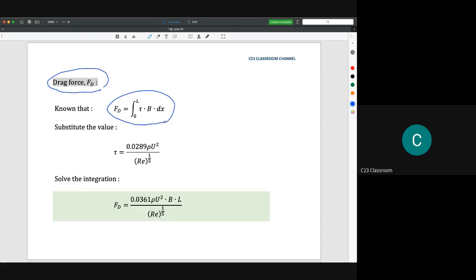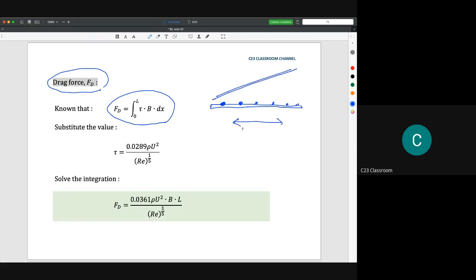So why do we need to integrate? Because we need to understand that the value of the shear stress for every point along the x-axis, along the L-axis, is different. The shear stress here is different from the shear stress there and so on. So we need to integrate in terms of dx here.